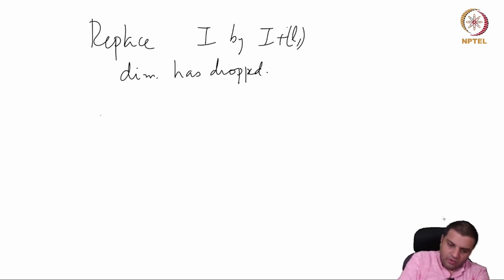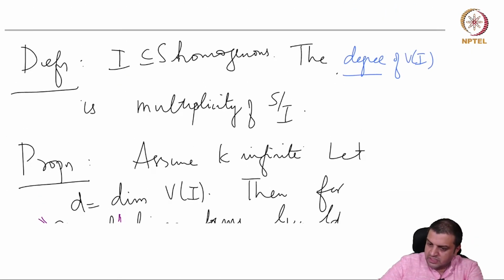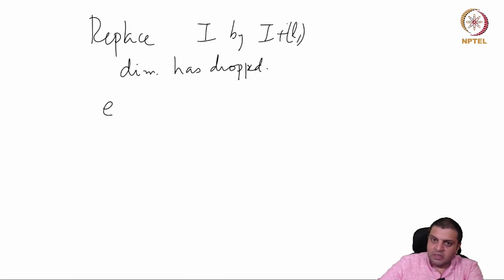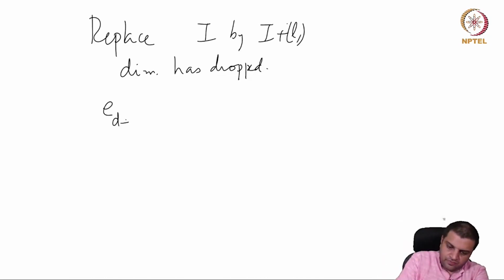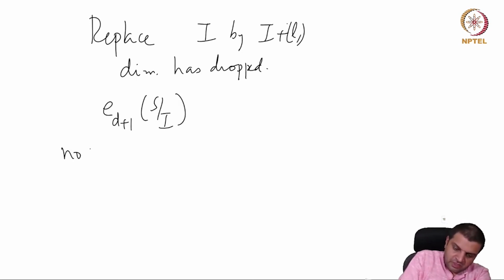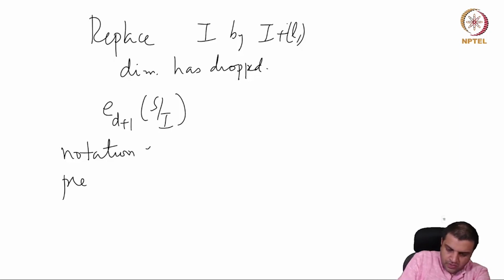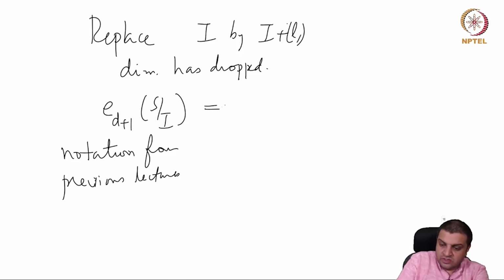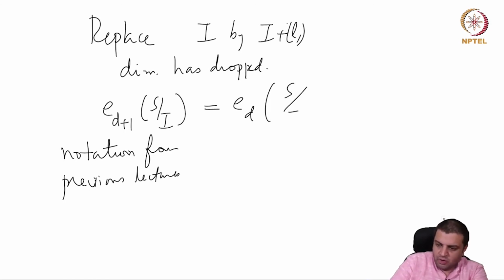And we noted that the multiplicity of S mod I is E of D plus 1, in the notation from previous lectures. This is the same thing as ED, the multiplicity of S mod I plus L1.